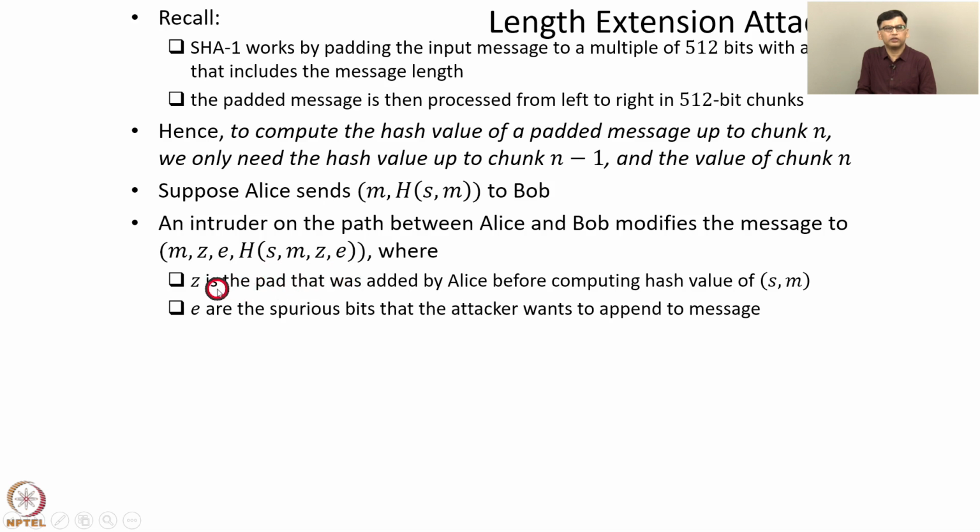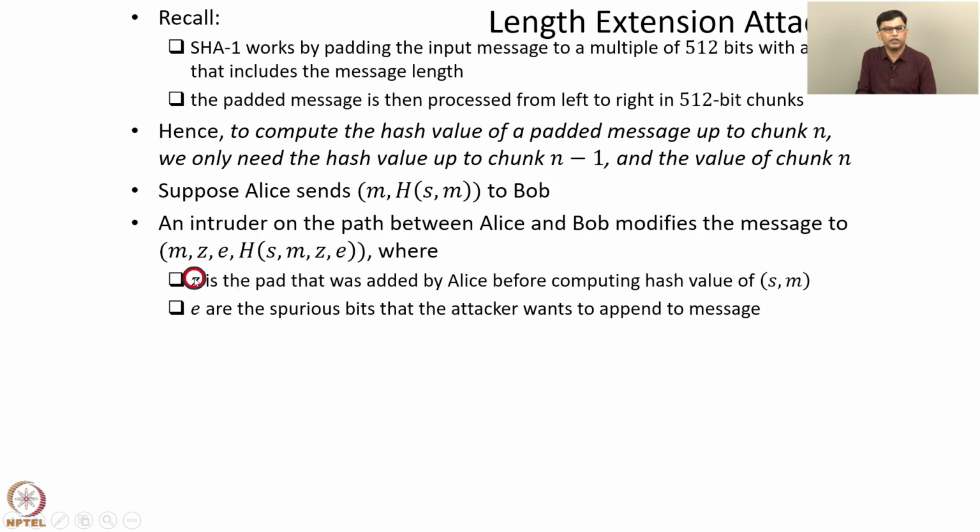So the crux of this is that to compute h(S, M, Z, E), the intruder just needs to know h(S, M) along with the spurious bits E and the padding Z. So this can be computed using just this information.